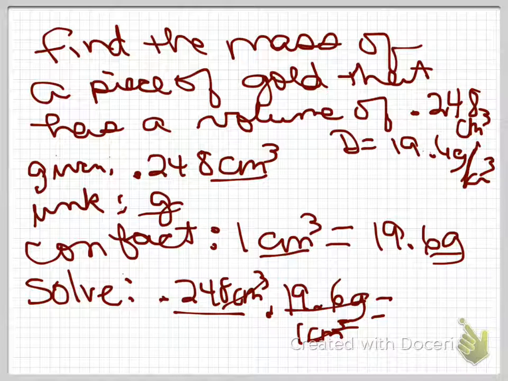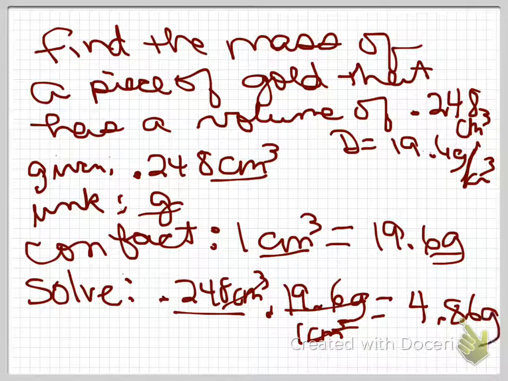So then I'm going to take my trusty dusty calculator, and I'm going to say 0.248 times 19.6, and that's 4.8608. But I'm not allowed that many sig figs. I use my given as my guide, and that's going to stay 4.86 grams. And that's how I'm going to leave my answer.